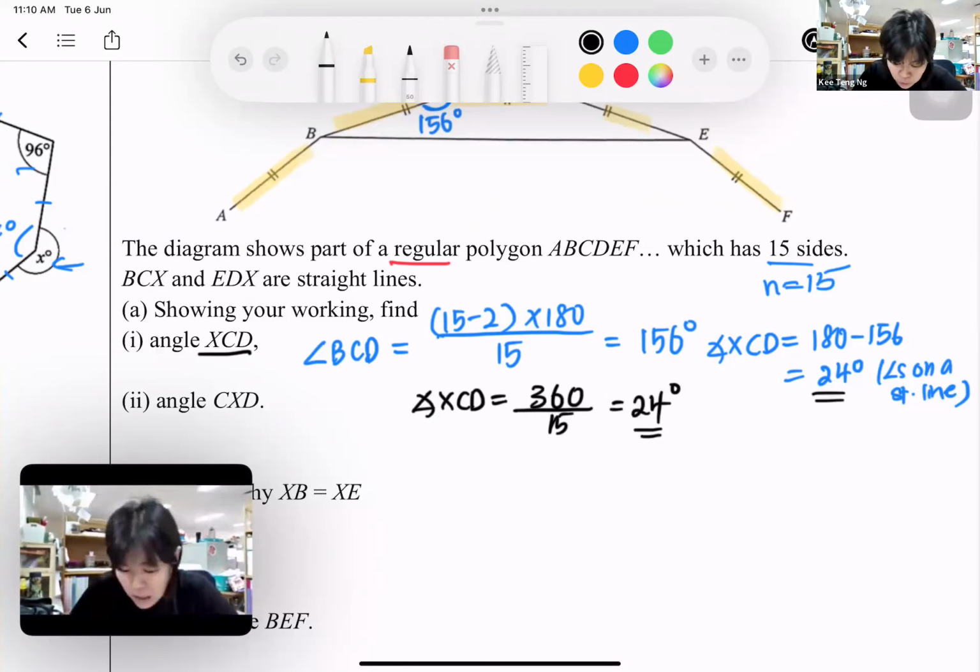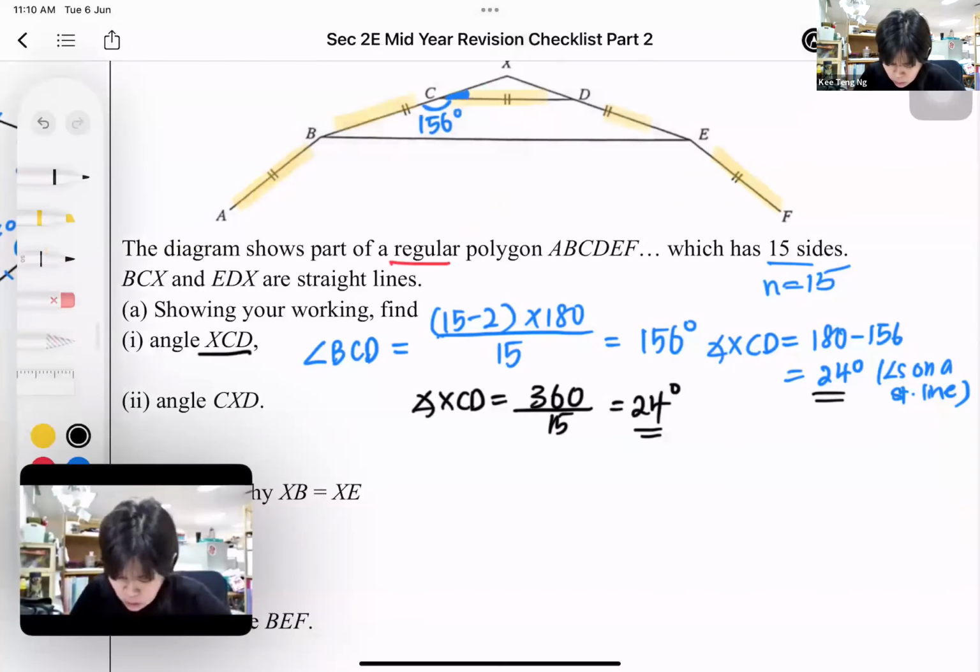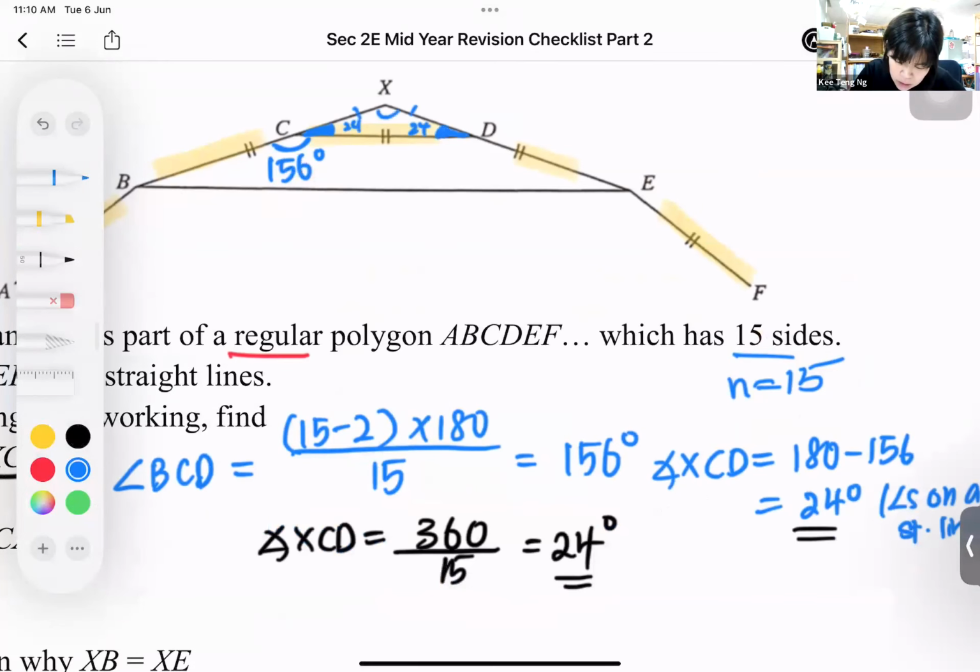Okay, now let's move on to the next part of the question. How do we find CXD? I know that this is a regular polygon, so this exterior angle is 24, and this is also going to be 24. That makes this an isosceles triangle as well.